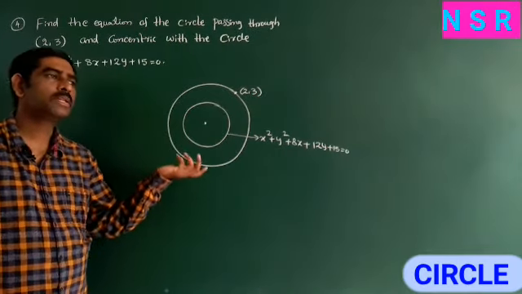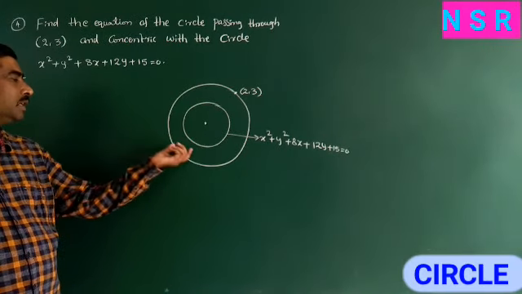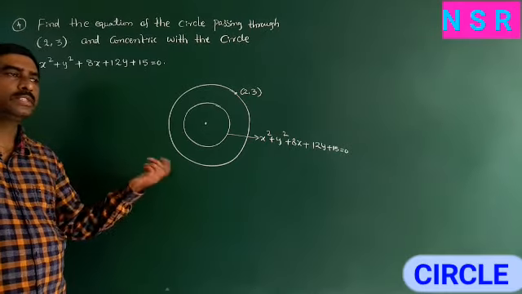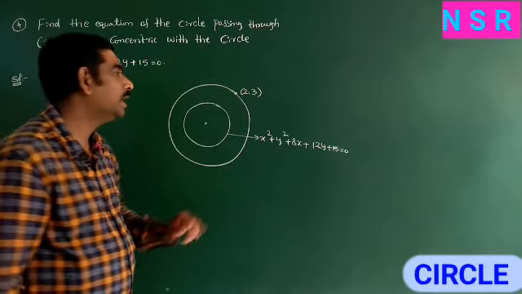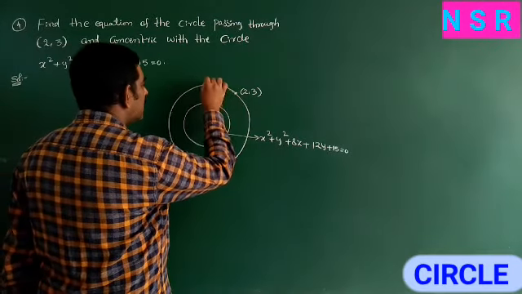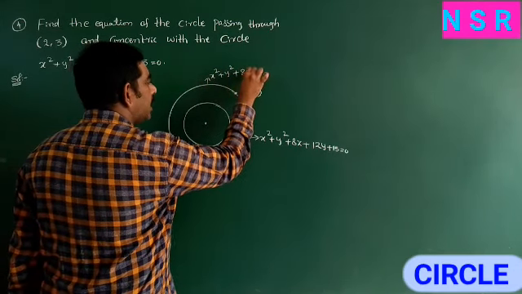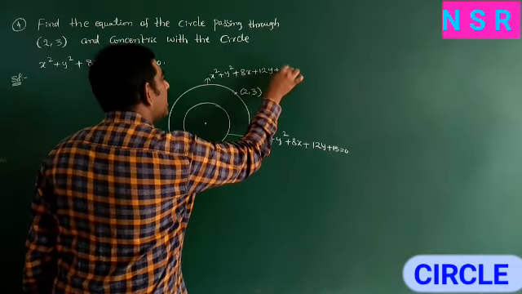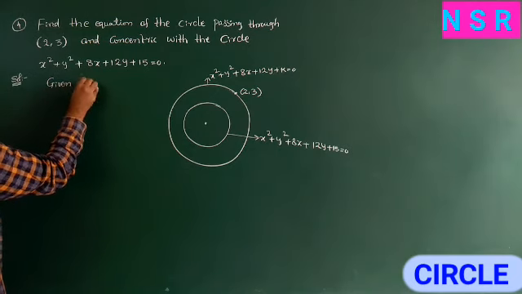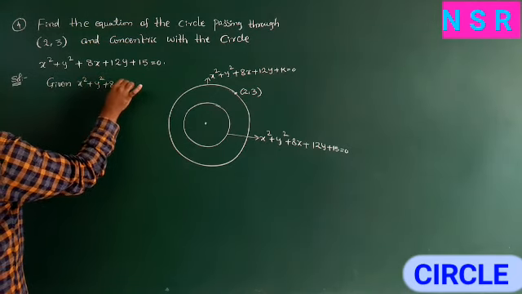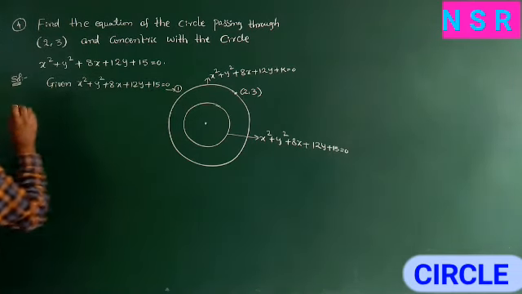If x square plus y square plus 2gx plus 2fy plus c equal to 0 is a circle concentric with another circle, then that circle equation becomes x square plus y square plus 2gx plus 2fy plus k equal to 0. Now this concentric circle equation becomes x square plus y square plus 8x plus 12y plus k equal to 0. Right, here given x square plus y square plus 8x plus 12y plus 15 equal to 0. Take it as equation number 1.